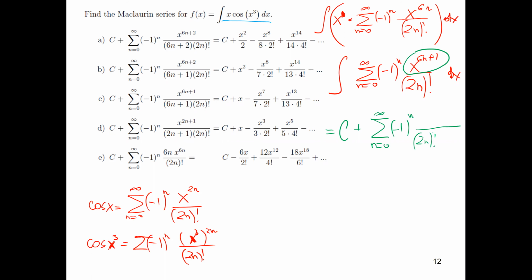That's when I have to just copy constant. I copy everything which is not x. And now an integral of x to the power of 6n plus 1 will be x to the power of 6n plus 2 over 6n plus 2. We remember the integration. And that's it. And it looks like that option, again, A.